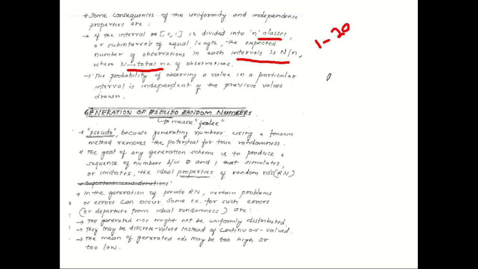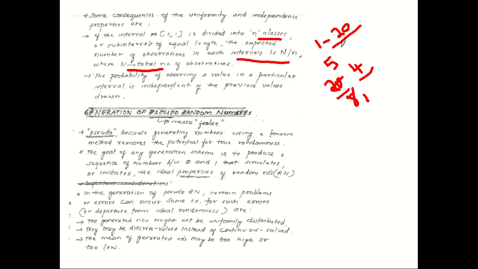If we want to divide these 20 numbers into 5 equal intervals, then 20 divided by 5 equals 4, so in each interval we will have 4 observations.